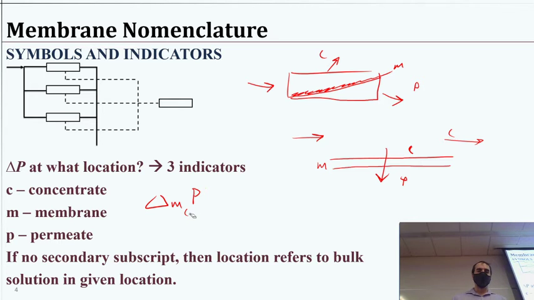If we just have one subscript for this delta, then we're referring to the bulk solution in the given location. So if we were to say delta P_M here, what we're talking about is the membrane, the pressure drop across the membrane, and then in the bulk solution on either side of the membrane.